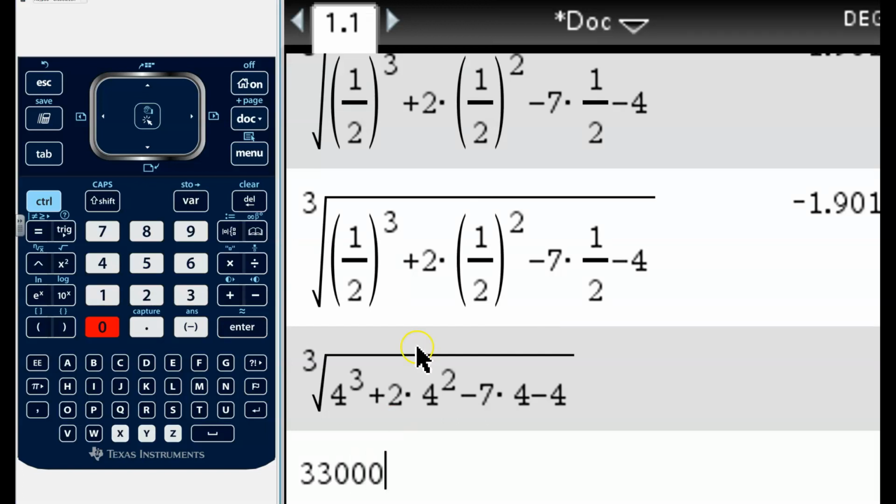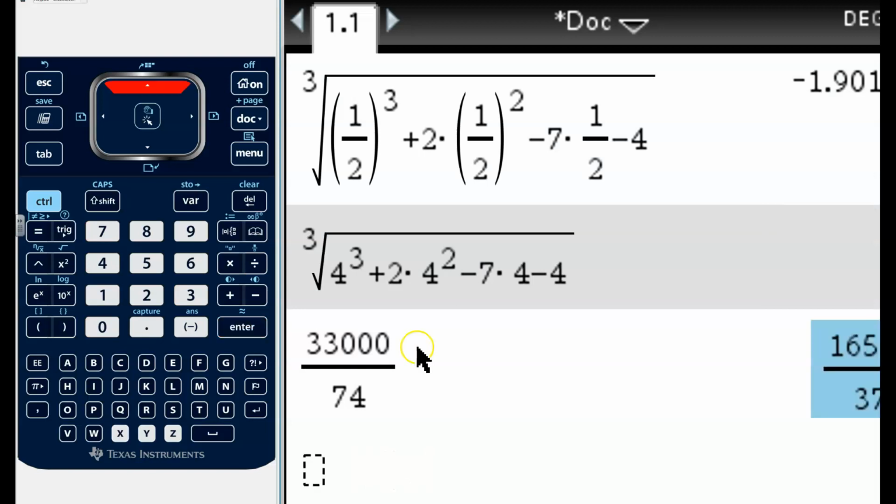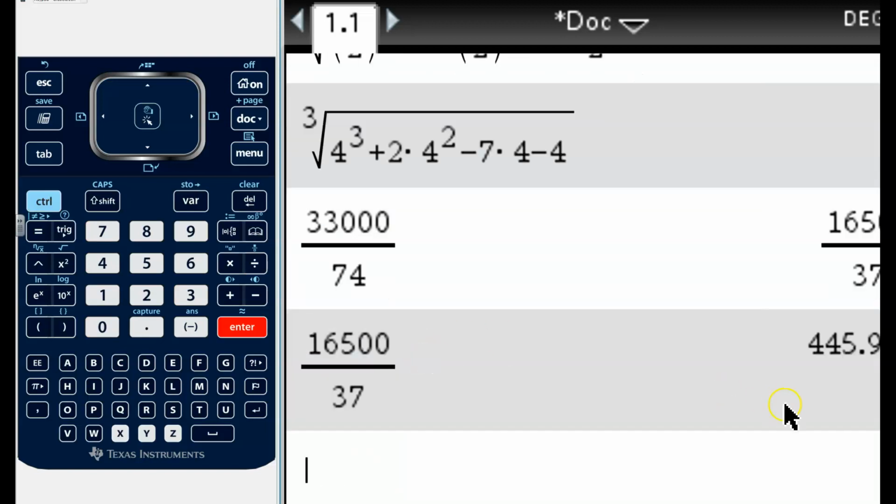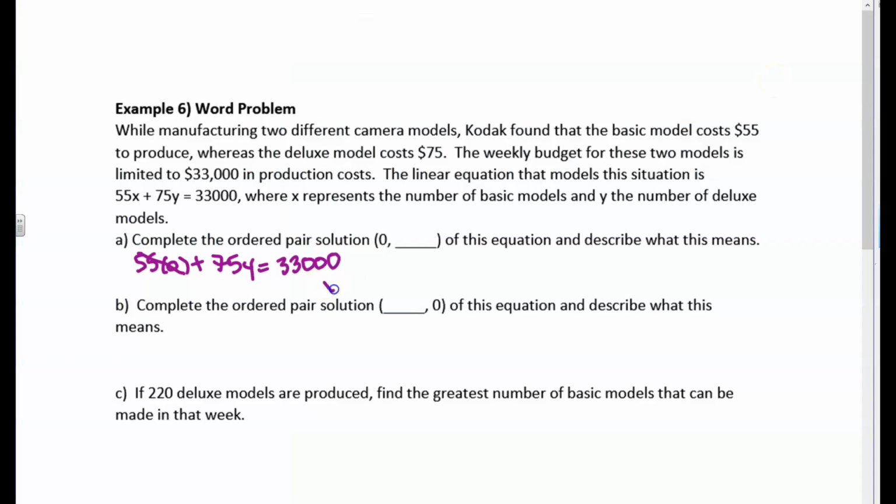We do 33,000 divided by 75. I'm going to get that as a decimal. We get 445.9. So we would get y equals 445.9.